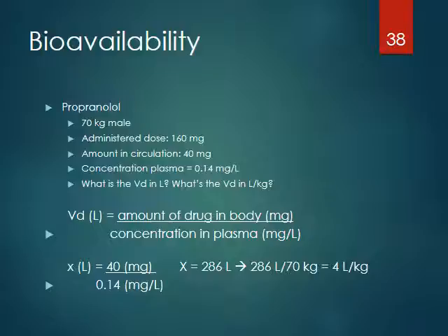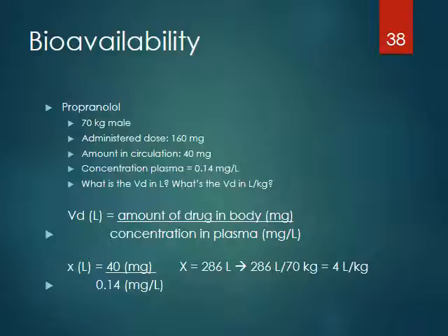So one of the things we saw previously was that propranolol is pretty lipophilic. And so that means it's going to like to distribute into the tissues preferentially versus the systemic circulation. And so having a volume of distribution of 4 liters per kilogram is in general pretty high. I mentioned it before, but anything that has a volume of distribution greater than 1 liter per kilogram is generally considered to be high, versus things that are low will have a volume of distribution less than 1 liter per kilogram.